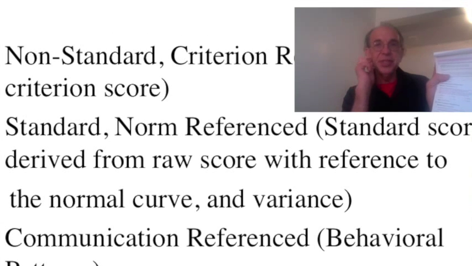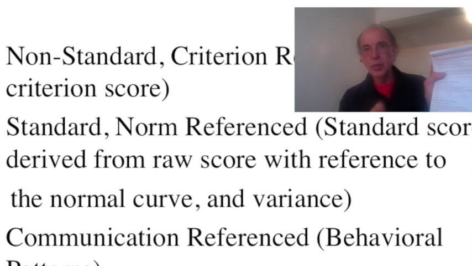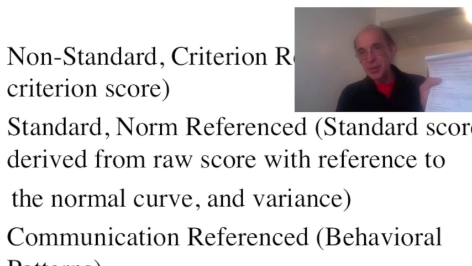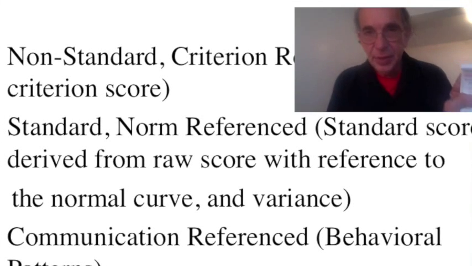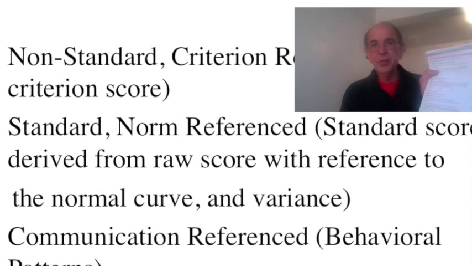And the very first step in norm reference scoring is the derivation of a raw score. The raw score is the total number of points the individual gets on the assessment, and that is a criterion referenced score. The raw score is criterion referenced.